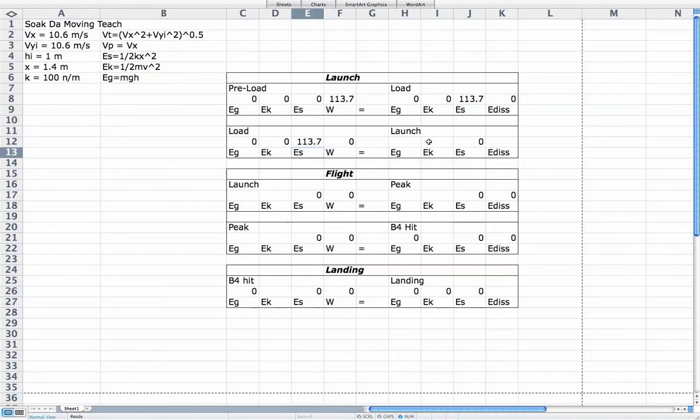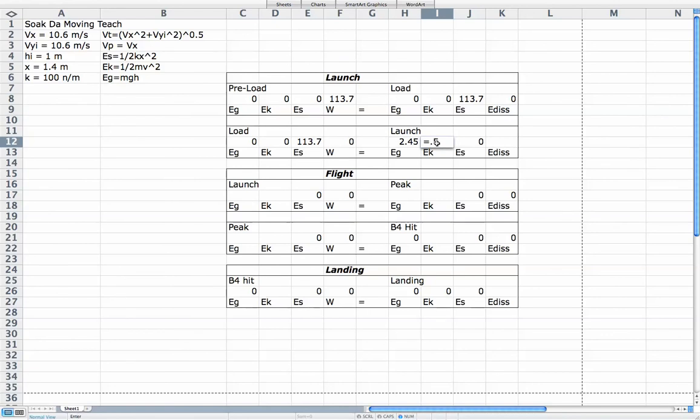And then what I know is that the energy stored in the gravitational field is the mass, which is 0.25 kilograms, times the gravitational constant, 9.8 meters per second squared, times the height, which I have said is 1 meter. But I didn't put equals, so it didn't know I was thinking of an equation. How about that?